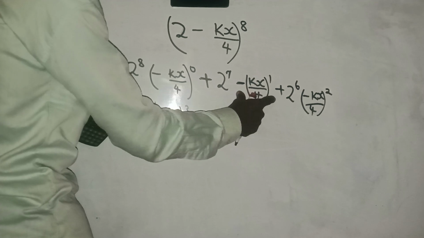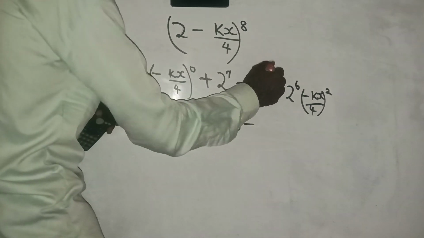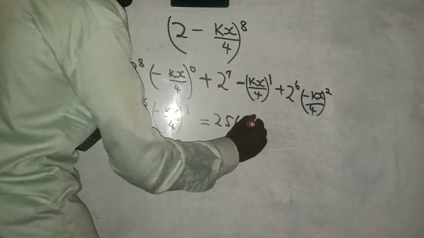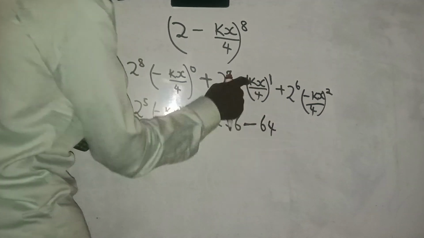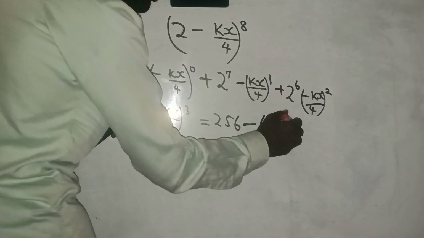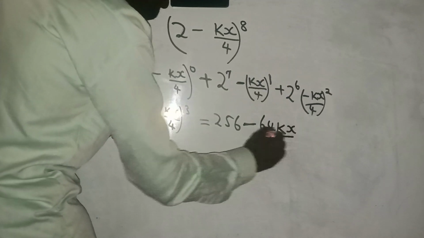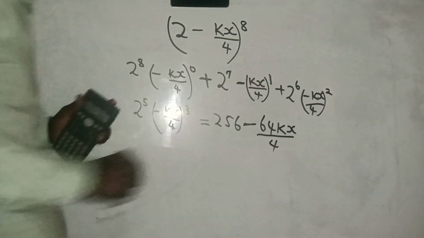Ask yourself, is that second part raised to an odd number or an even number? The power is an odd number. So what do? We put a negative here. They shall write 2 raised to 7, that is 64. They shall say k raised to 1, that is k. X raised to 1, that is x. Then this is over 4, because 4 raised to 1 is just 4.